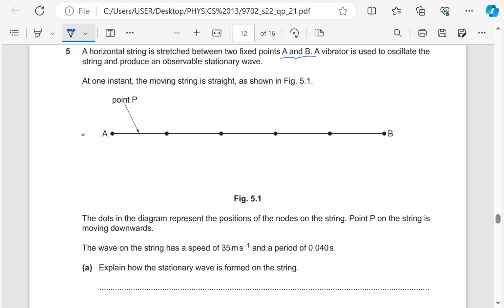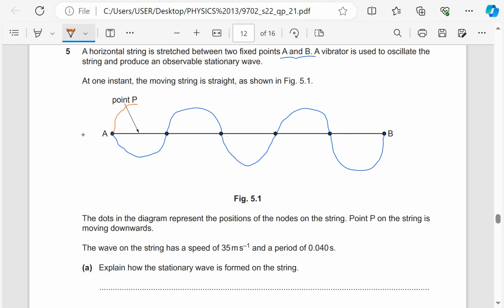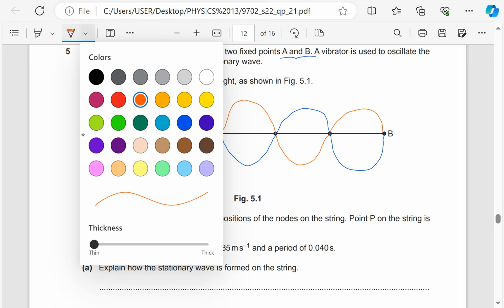So if these are the nodes, I can even draw something that I can understand easily. I will change the color for another one. Yeah, I think I can understand that easily.